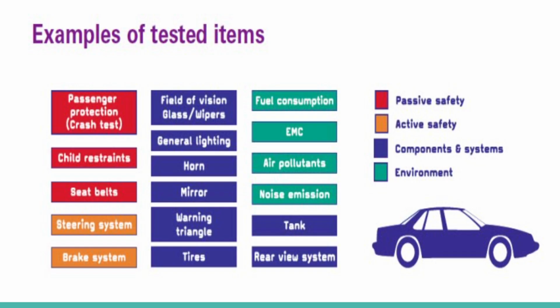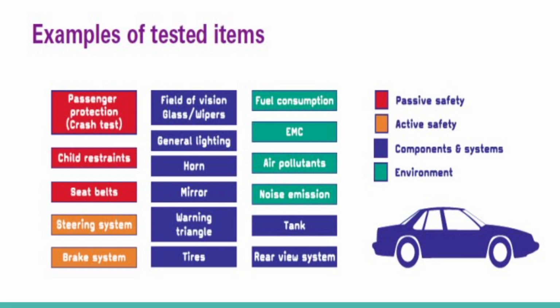So here are examples of tested items: passenger protection crash test, child restraints, seat belt, steering system, brake system, field of vision, glass wiper, general lighting, horn, mirror, warning triangles, tires, fuel consumption, EMC, air pollutants, noise emission, tank, rear view system.